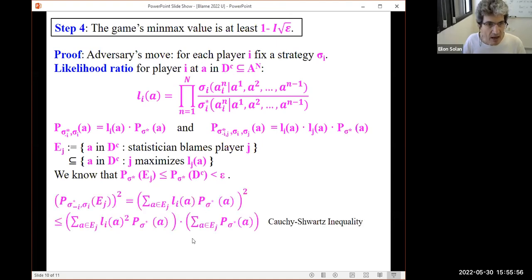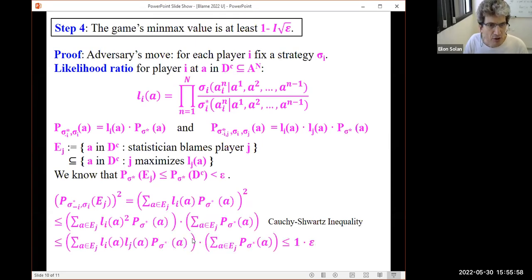So I will move quickly. By the Cauchy-Schwarz inequality, we can prove that the probability of E_J when player I deviates is at most square root of epsilon.